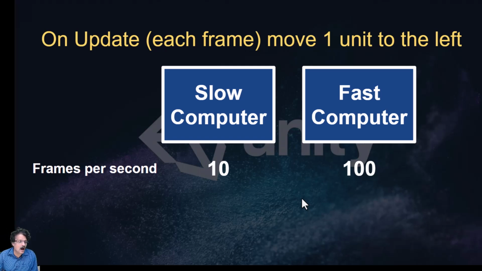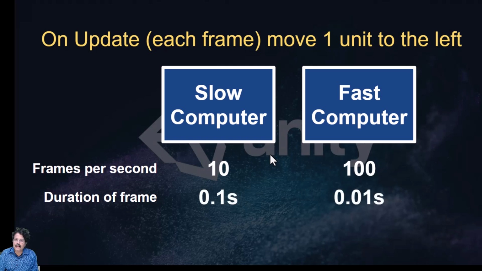Now, what is the duration of every frame? On a 10 frames per second computer, every frame duration will be 0.1 second, because 0.1 into 10 is 1 second.